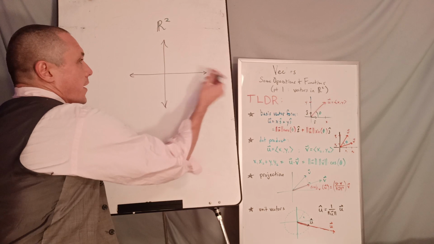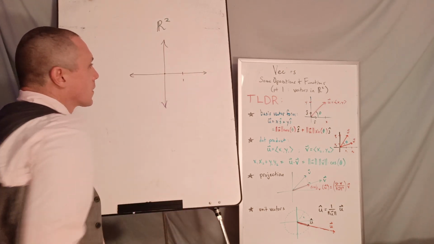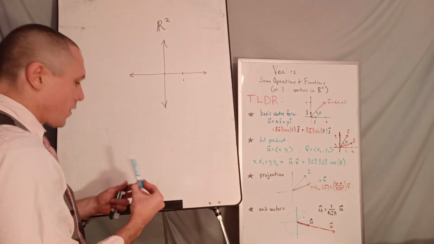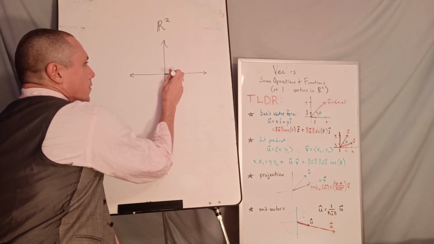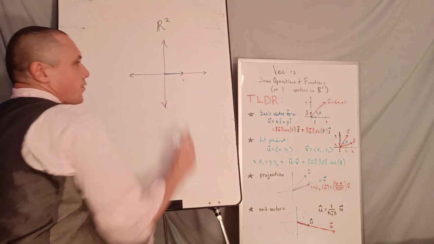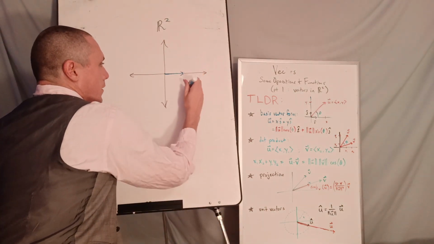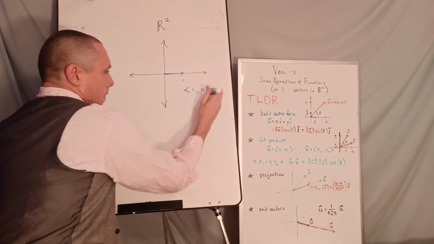Every time you define an axis, you have to tell me where 0 is, and you have to tell me where 1 is. And we could create a vector that points from the origin along this axis, in this direction, to 1. In component form, that would be the vector (1, 0).